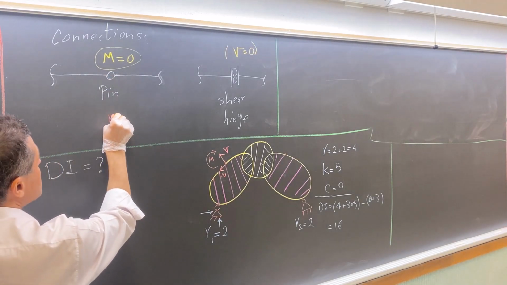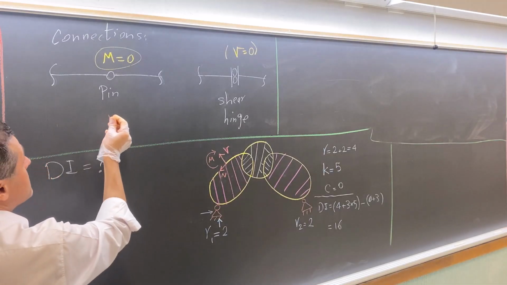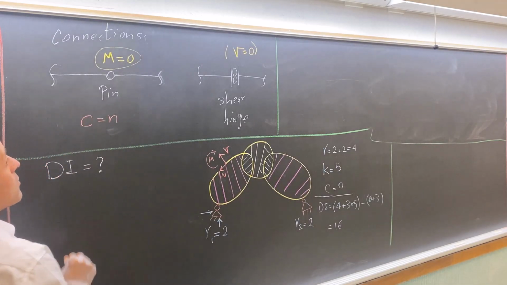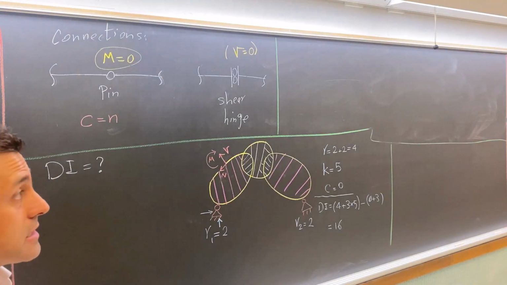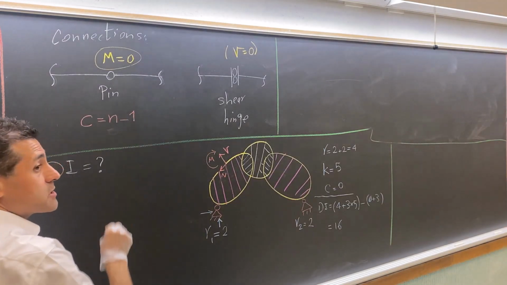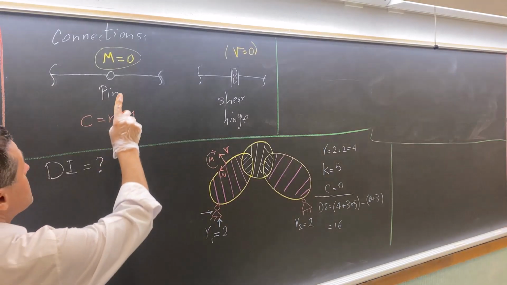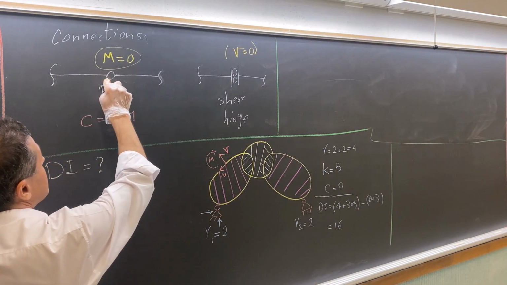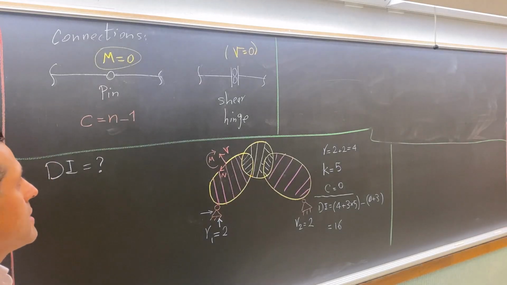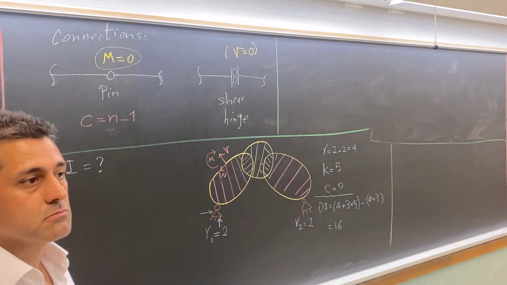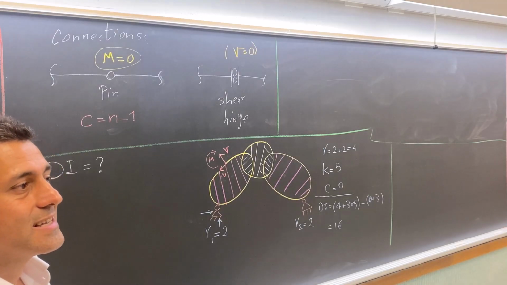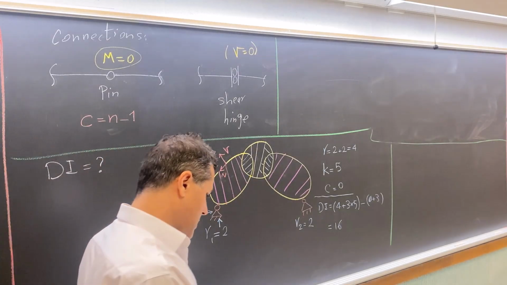If I show the number of elements with n and the number of condition equations with C, then I can formulate it this way. Do you agree? 2 minus 1. You just need to count the number of elements connected to the pin and then subtract 1. This is how you find the number of condition equations. So now, look at here.